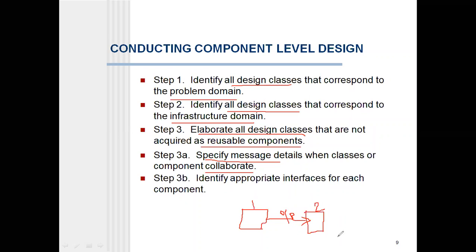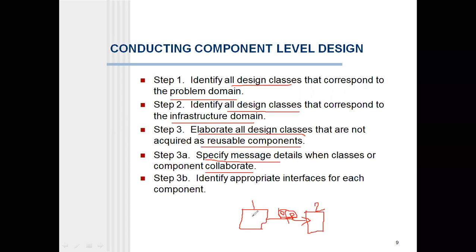Like that, whatever the operation, whatever the relation between the two classes, that relation is specified by using a link. On that link you should write the information related to it, what the link specifies. This is called a message. Here, what I have written is output. Output is a message.